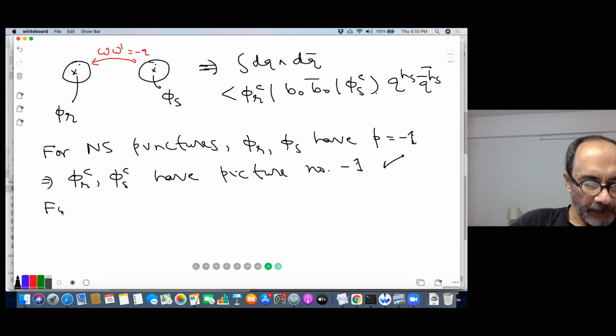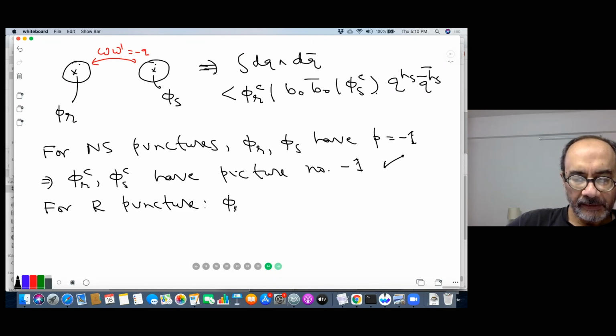Now let's look at the Ramond puncture. Here phi r and phi s have p equal to -1/2. Why?